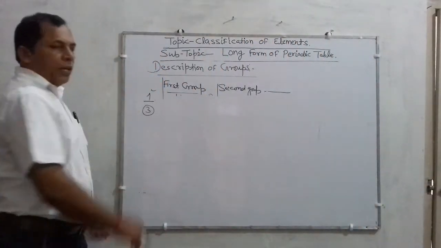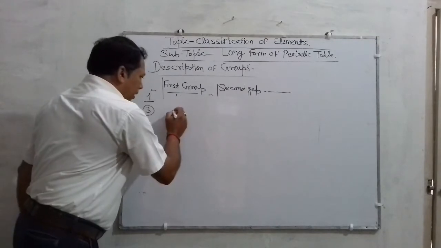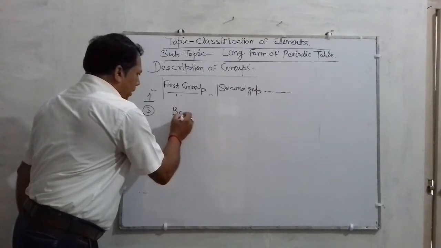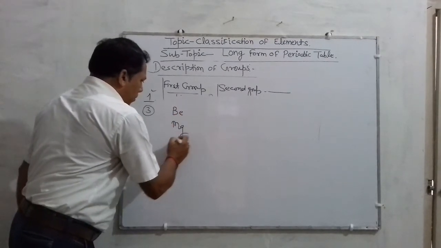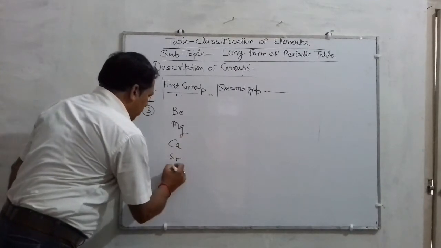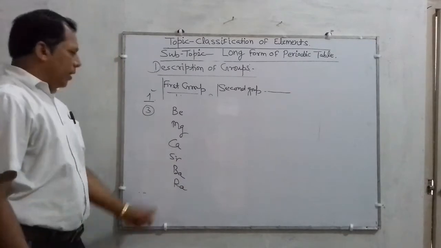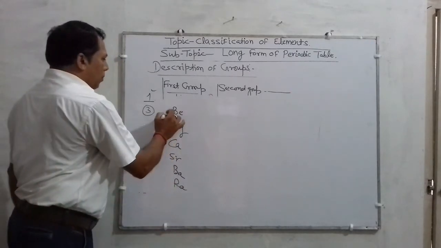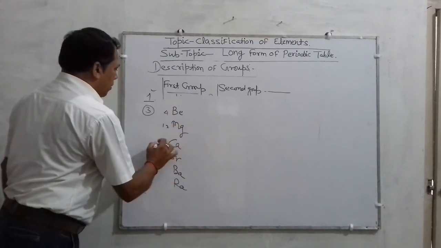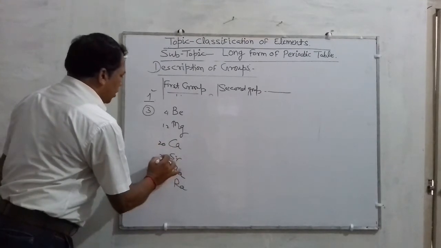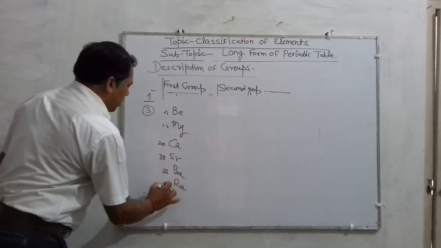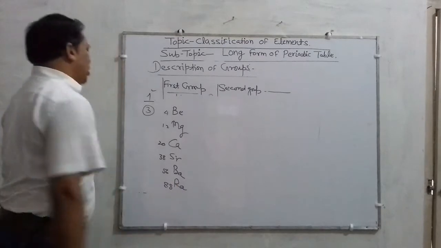Suppose, what is the meaning of this point? Suppose I am taking the elements of the second group. Is it clear? Atomic numbers are 4, 12, 20, 38, 56 and 88.